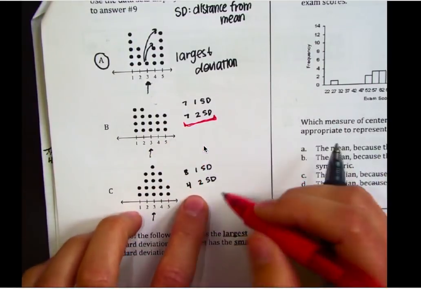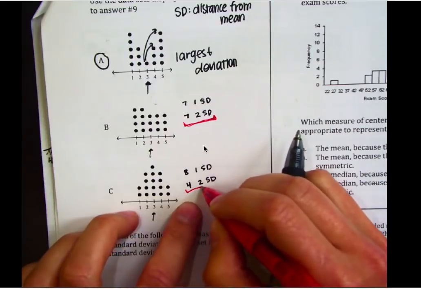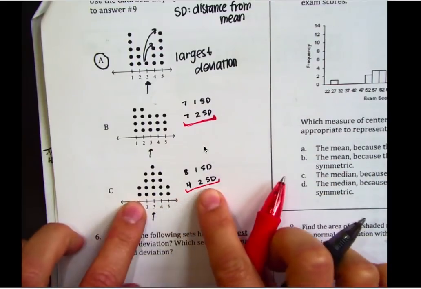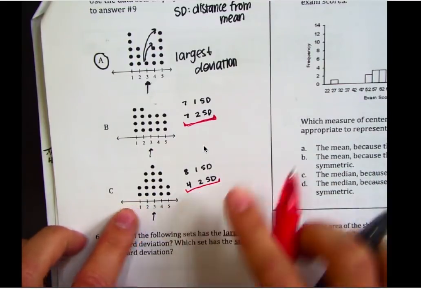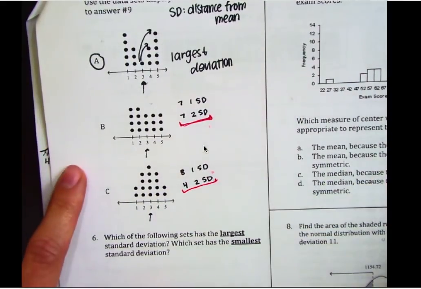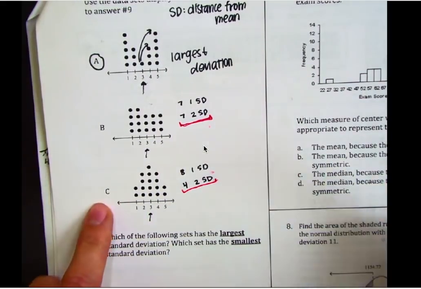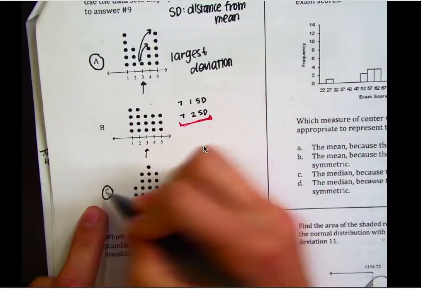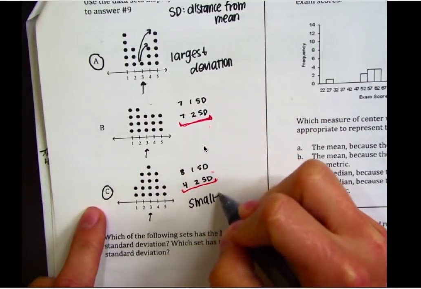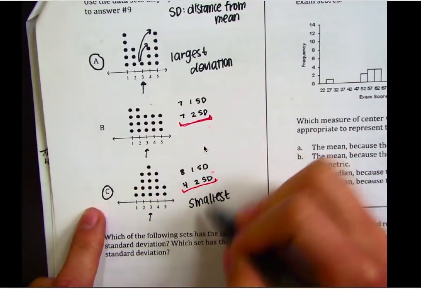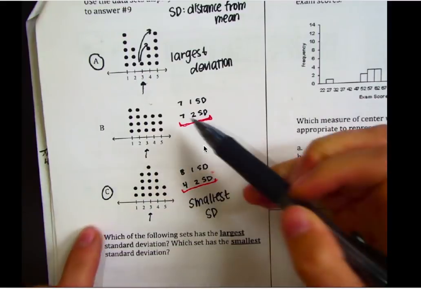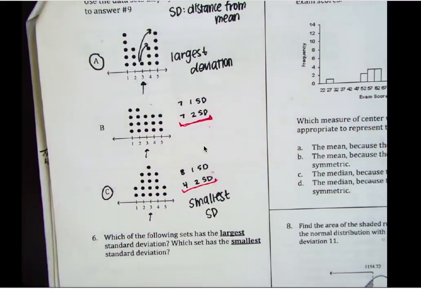And then if you look, we only have 4 points out here that are 2 standard deviations away. Just comparing those tells you that C has the smallest standard deviation. So our answers would be A and C.